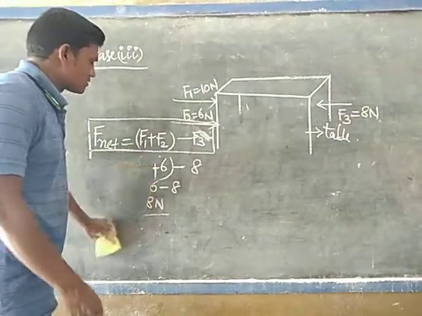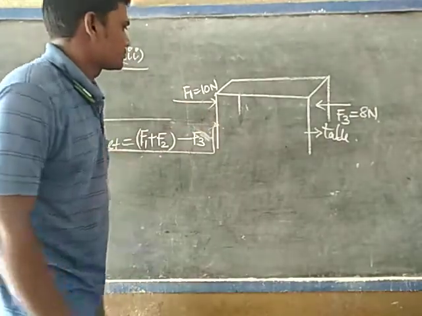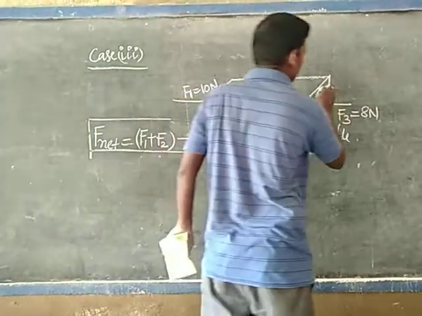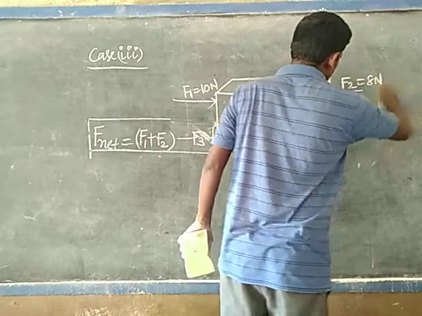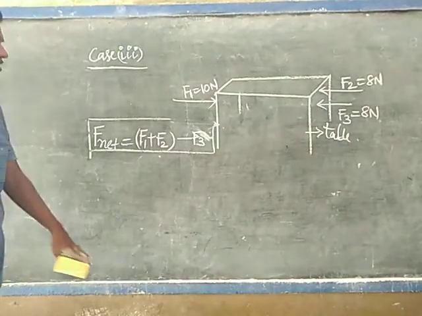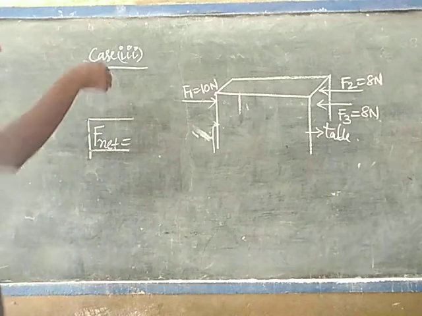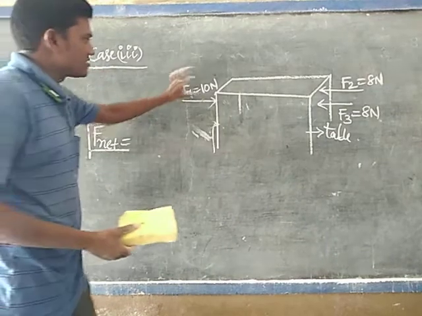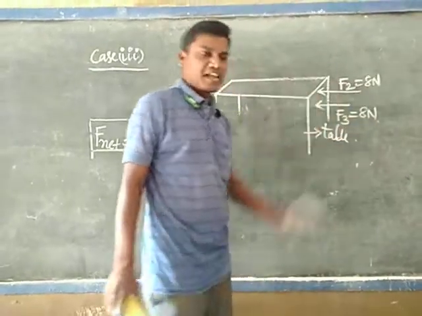Next, sometimes they ask the same thing in a different mode. Like this one we consider here. So three forces are acting on the table. F1 is 10 Newton, F2 is 8 Newton, F3 is 8 Newton.